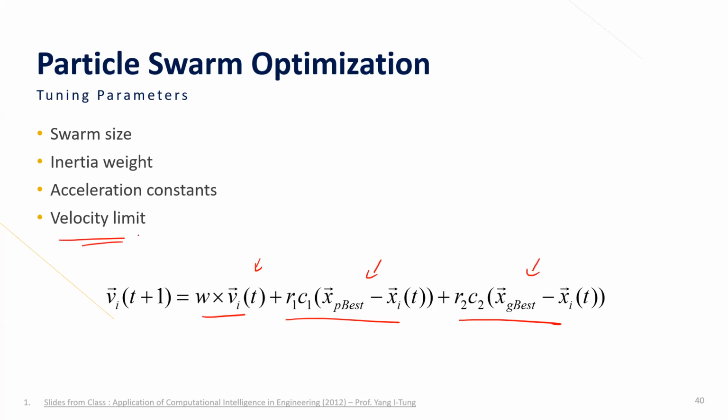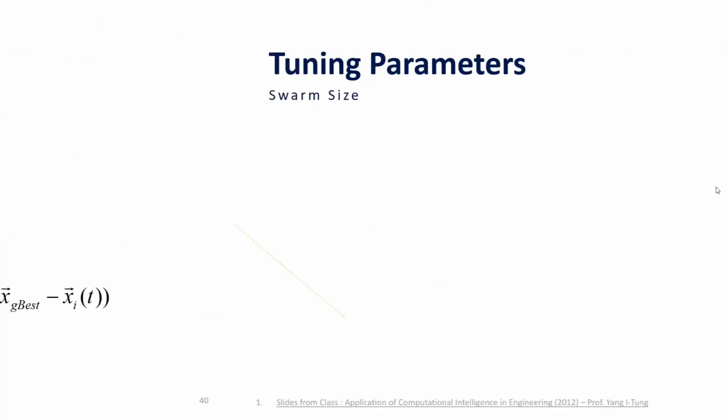And then the velocity limit we already discussed previously. It's about how you make the journey smooth, the movement from one location to other locations not too jumpy, so you need to have a limit for that.